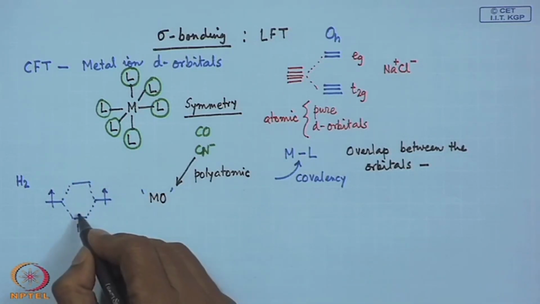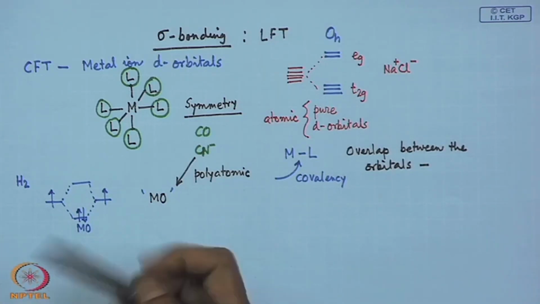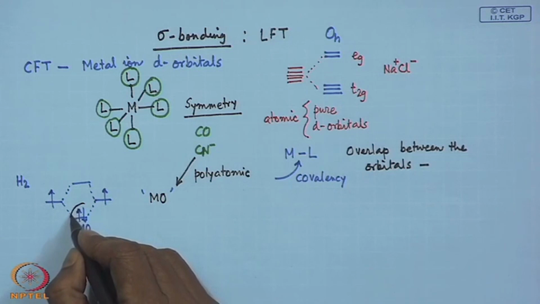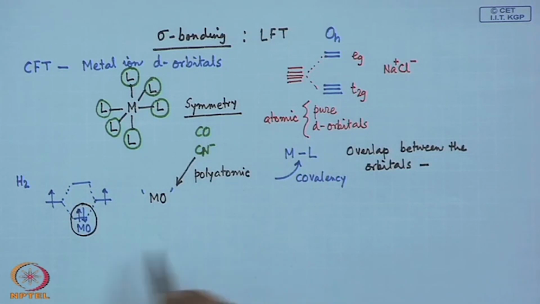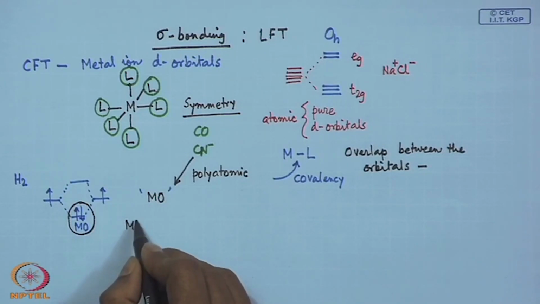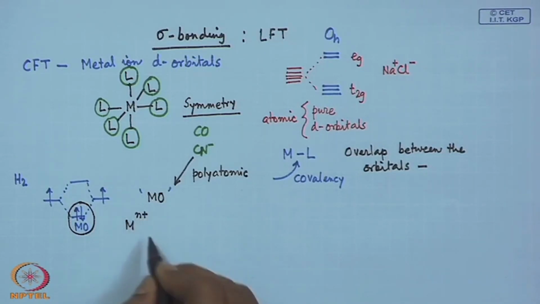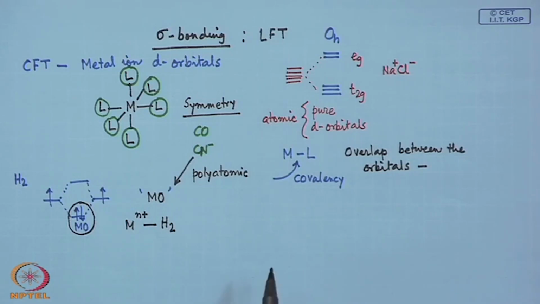So the molecular orbital picture for the hydrogen molecule tells us that these two electrons are present in a level where we have a bonding molecular orbital. If this bonding molecular orbital can now be utilized for some interaction with a metal ion, say if Mn+ is interacting with the H2 molecule, then what should we consider?